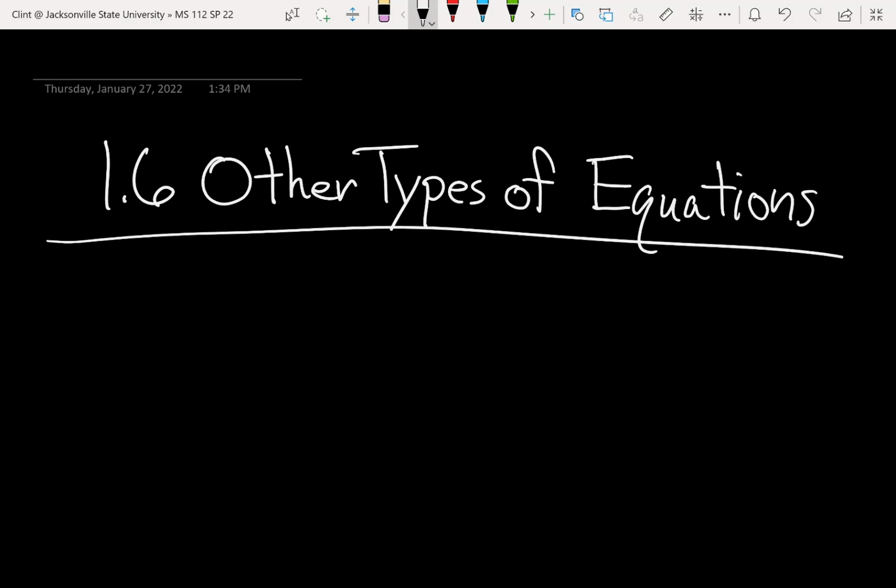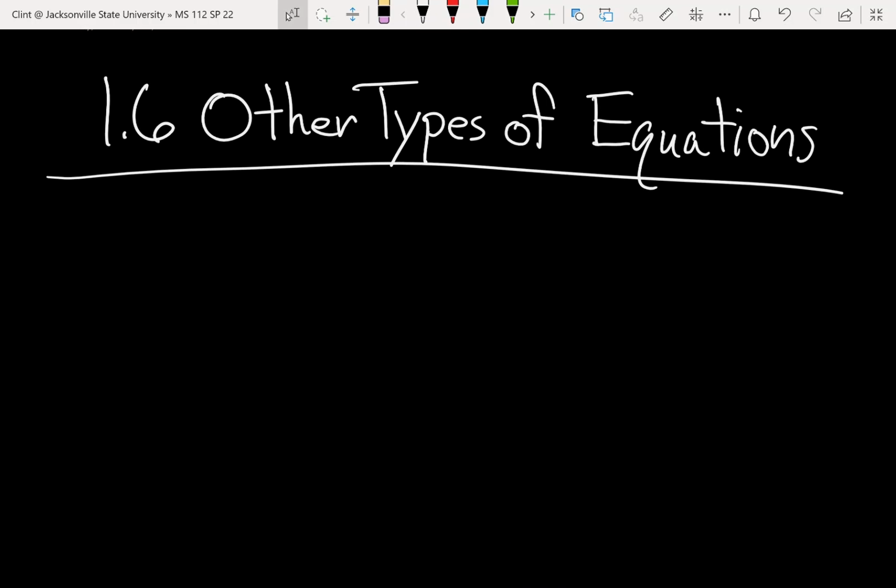Today we're going to talk about solving radical equations, where there's a variable underneath a radical. How do we deal with that? We'll get to the other 2 next time.